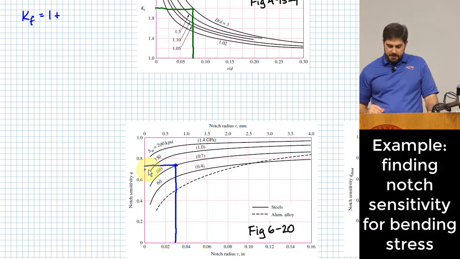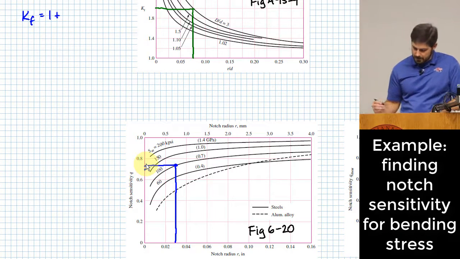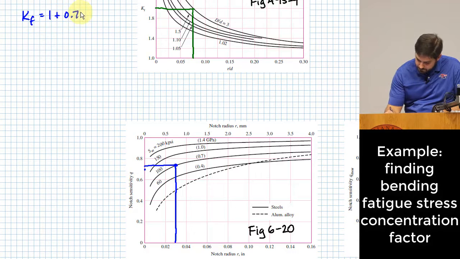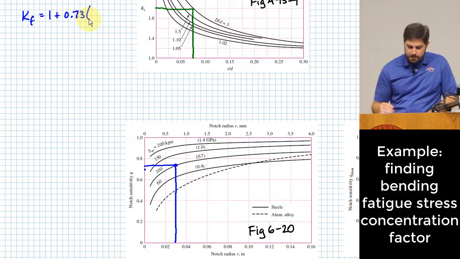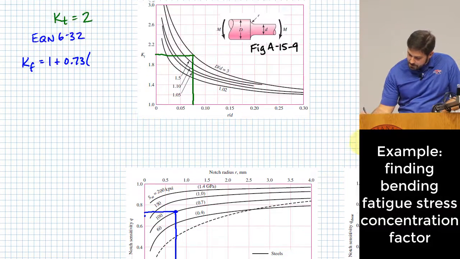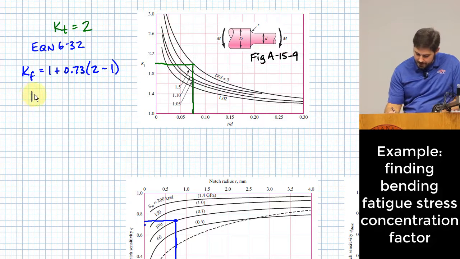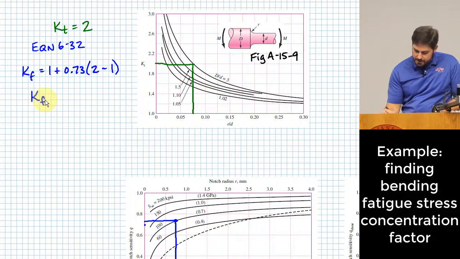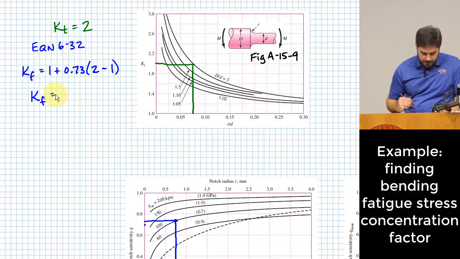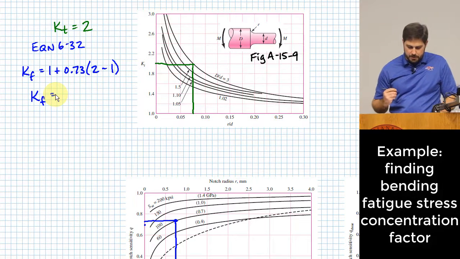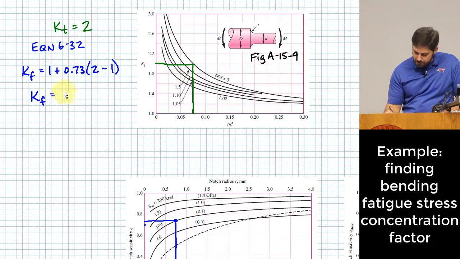So I estimated this to be about 0.73. 0.73 times, I used 2 here, so 2 minus 1. And this tells me that my K sub F, this is for bending, is going to be approximately 1.73.